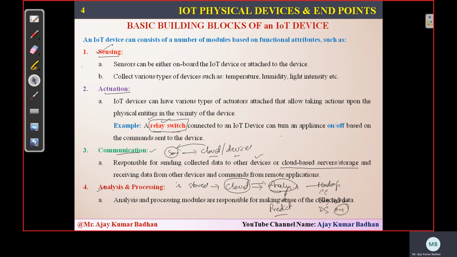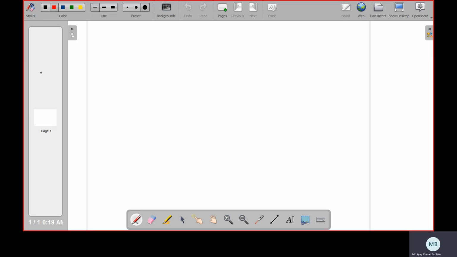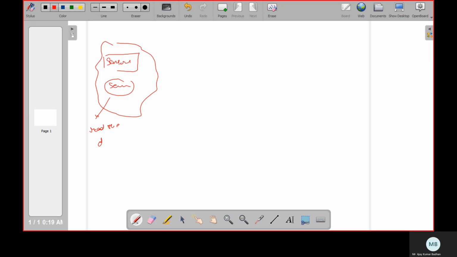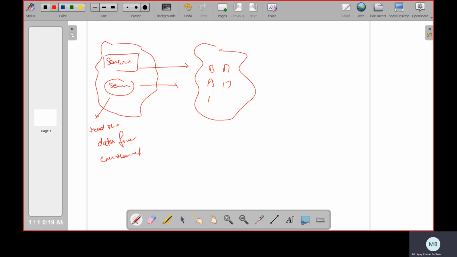Simple thing to remember here, if I explain it diagrammatically: we are deploying some sensors within the environment. These sensors will read the data from the environment, and that data will be sent either to other nearby devices, or transmitted to the cloud.